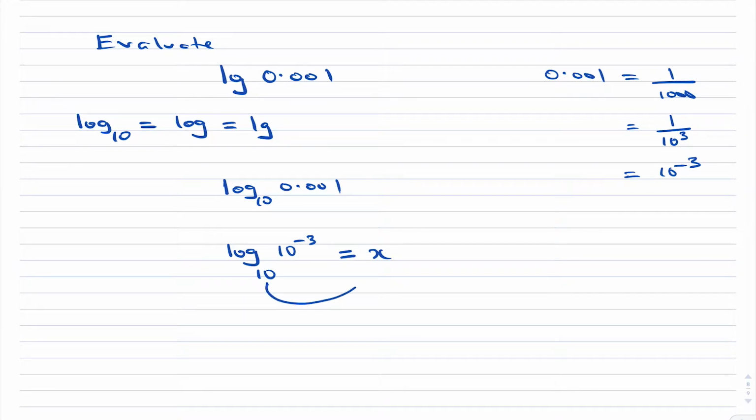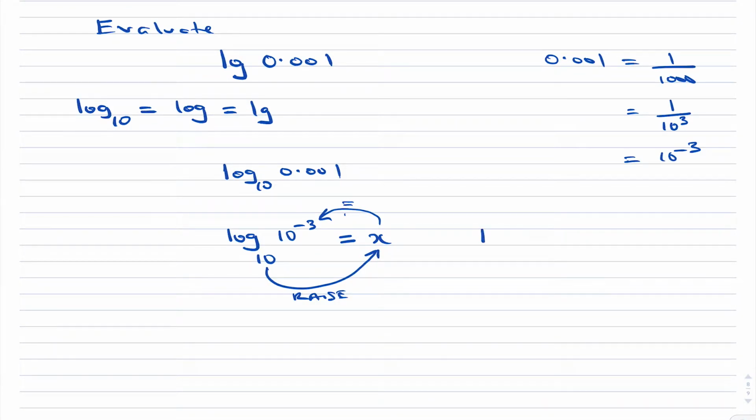We need to raise that, so we get 10 to the power of x equals 10 to the power of minus 3. Therefore, x equals minus 3.